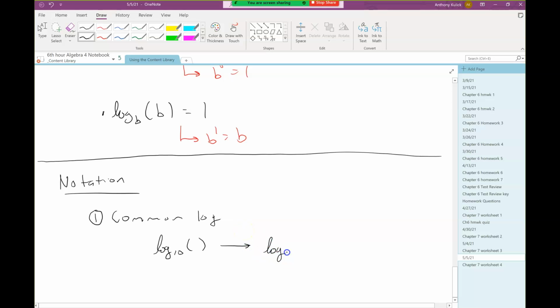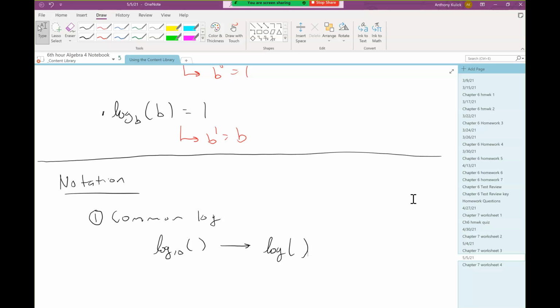We're just going to write log with no base written at all, with no subscript at all. Because it's one that's commonly used, just like we don't write the 2 in the index for a square root, or we don't write the 1 in the exponent for any number, or a coefficient of 1 for any variable. We just understand that it's there because we use it so much.